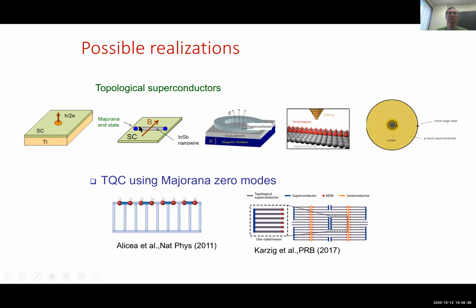This probably is the most popular one, semiconductor on top of a superconductor with a transverse field. And there are also other ways to implement that. And to do braiding, if you have a one-dimensional chain, what you can have is such T-like junctions, and you can induce the braiding. We mentioned that, but I will talk about more later.